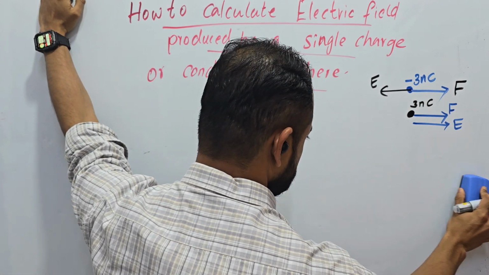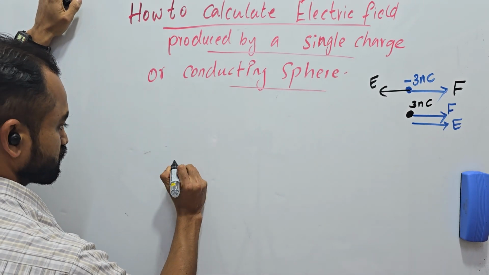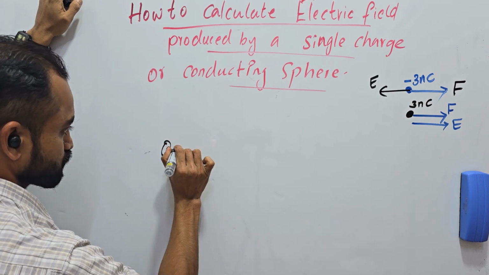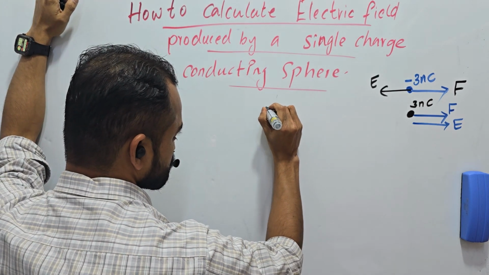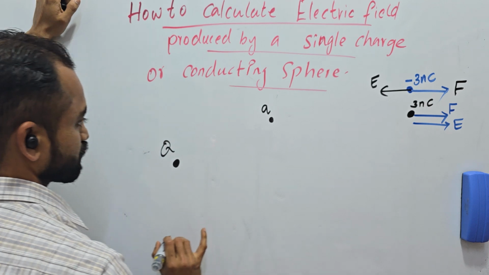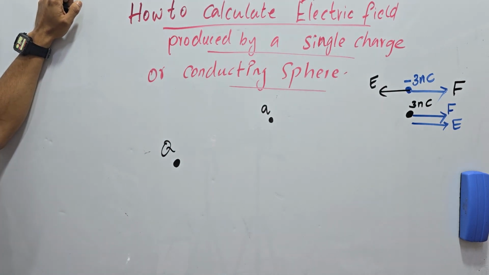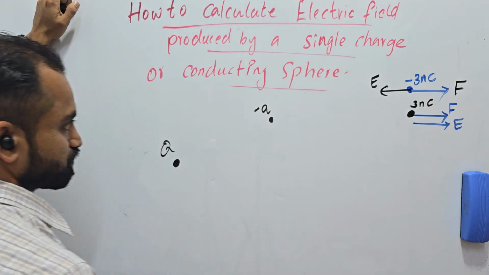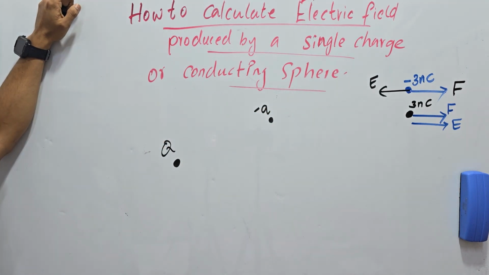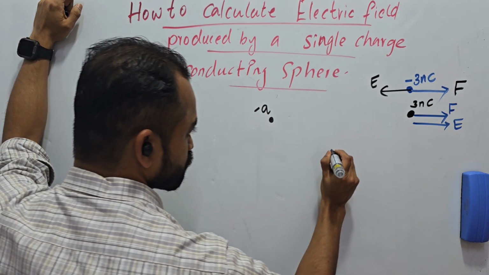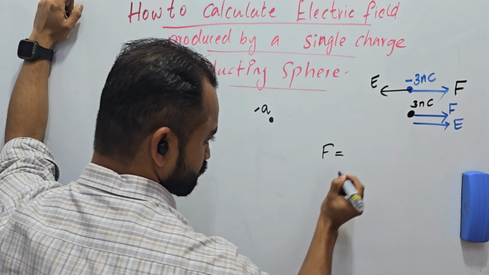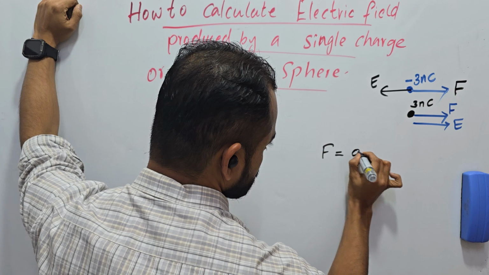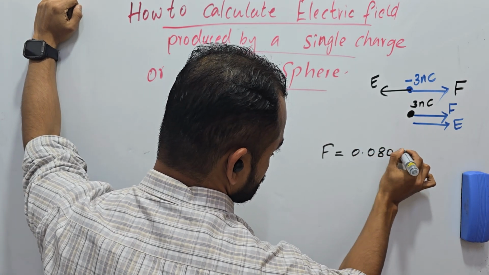For example, here we have a charge Q, this is our source charge. Here we have test charge q. This test charge is negative, right? Then what is the force given in the question? 0.080.